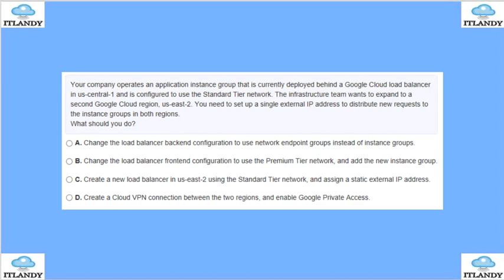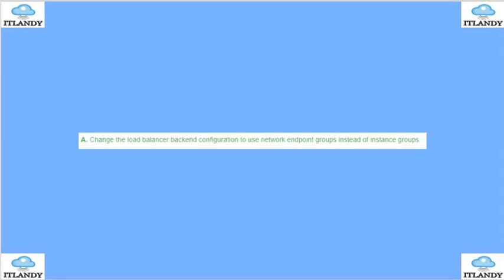When you have a group, which means you have multiple regions or multiple data centers, the load balancer will take care of them. The answer is A, because we are using a backend configuration with endpoint groups instead of the instance group. Okay, so with endpoints, you can point to which endpoint network you want to manage.